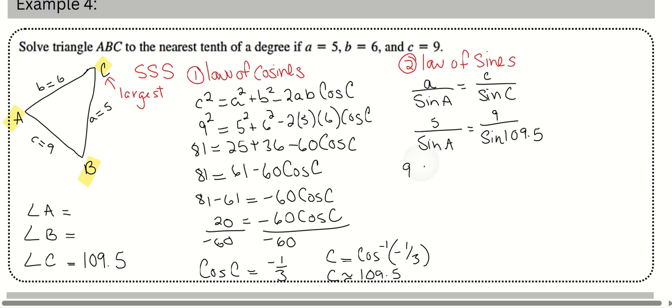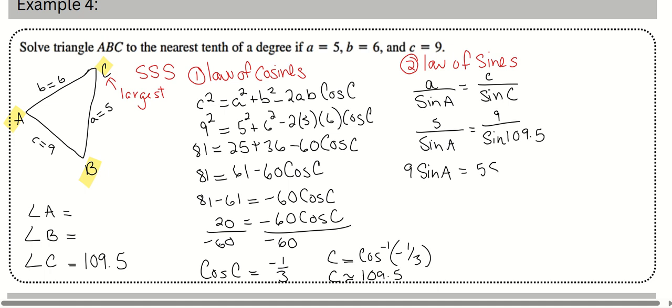We do the math here. We end up with 9 sine of A is equal to 5 sine of 109.5. Divide everything by 9, and sine A ends up being 5 sine of 109.5 all over 9.